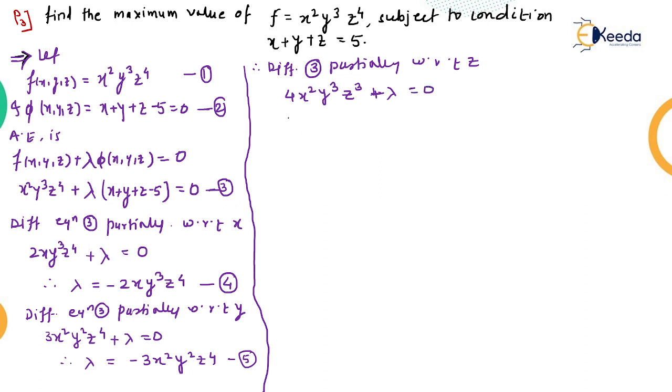Therefore we get lambda is equal to minus 4x square y cube z power 3. This is called equation number 6 for reference.